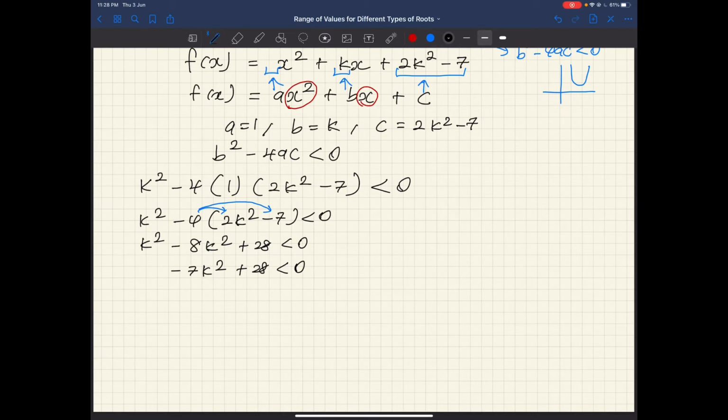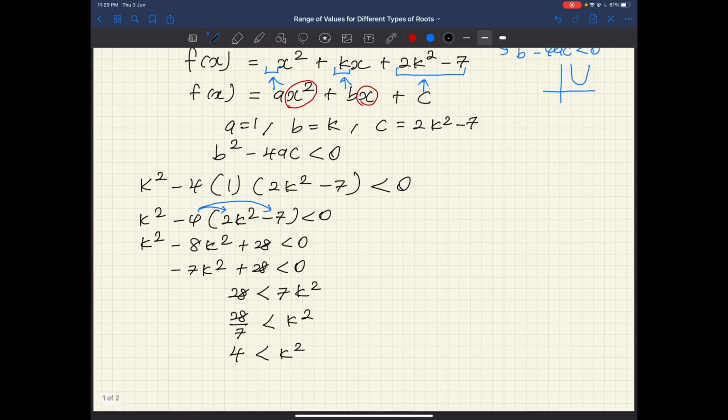I leave my 28 here, and negative 7k squared on the other side becomes 7k squared. So now you have 28 and 7 times k squared. I'm going to bring my 7 to the other side, so it will be division. 28 divided by 7, you end up with 4.